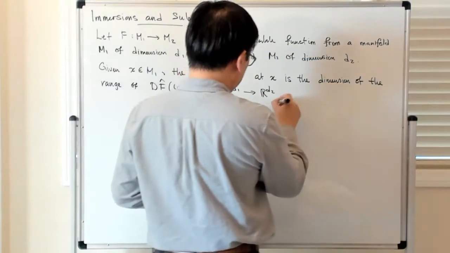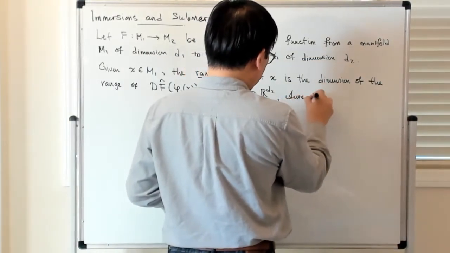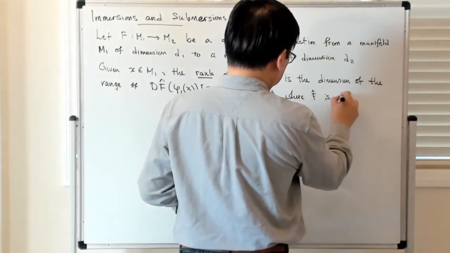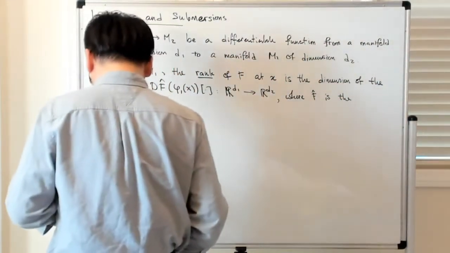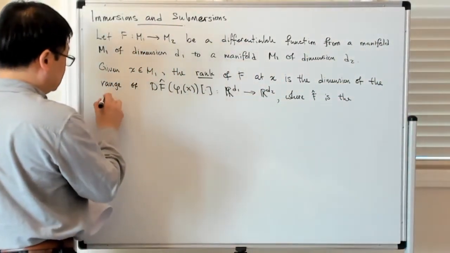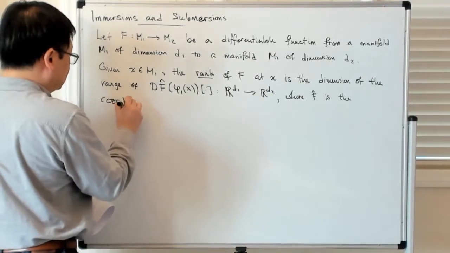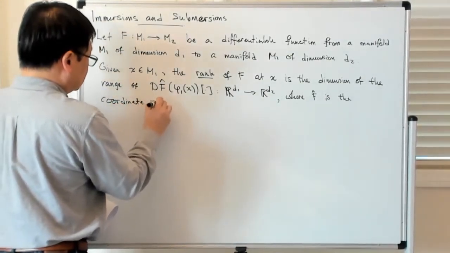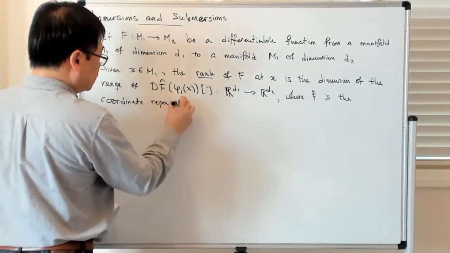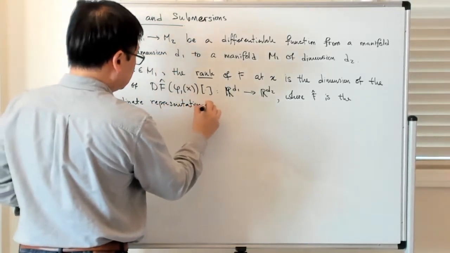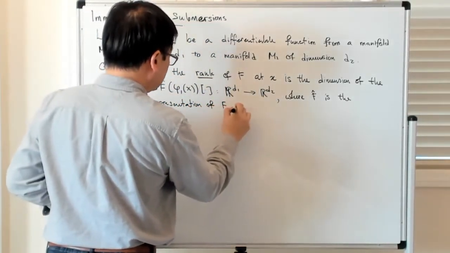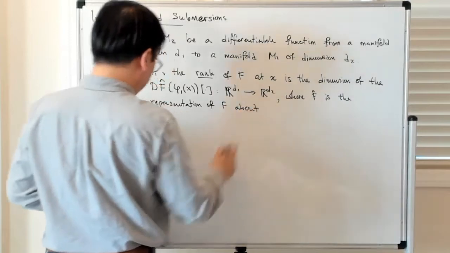Okay, so where f hat is the coordinate representation of f about the point x.